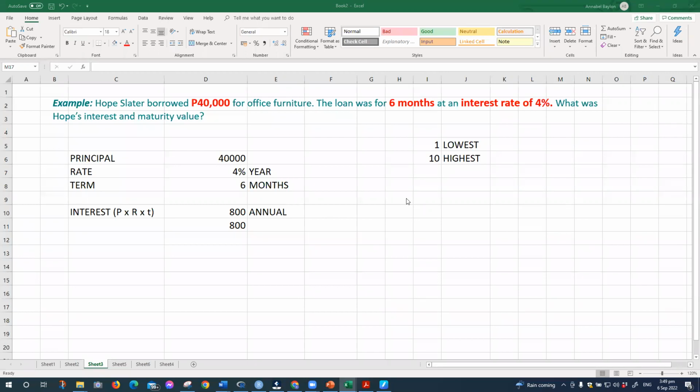Okay, again, guys, sorry, I'll keep on asking questions because I want to know if you're still with me. Are you still with me? Okay, so far, yung pag-compute ng interest, yung paggamit ng named range. Okay, thank you. Yeah, good.